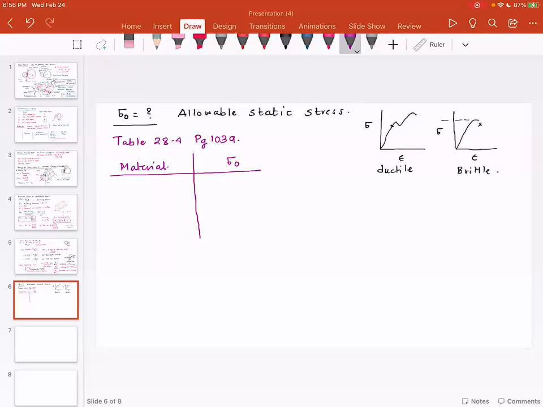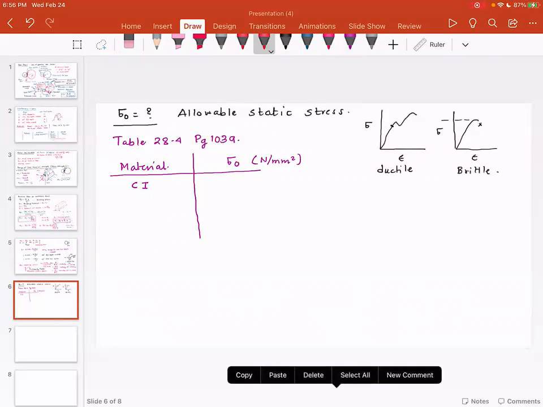But for an example, if we are going to use cast iron, which is a brittle material, so this is Newton per millimeter square. Typically, cast iron gears are used for low power transmission. This is about 56 to 60 Newton per millimeter square.